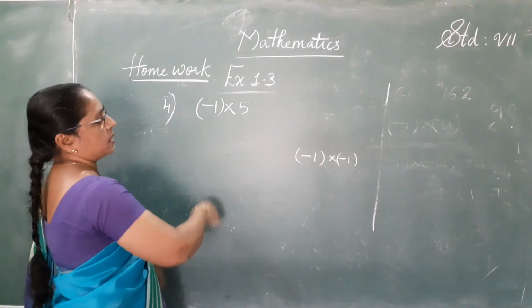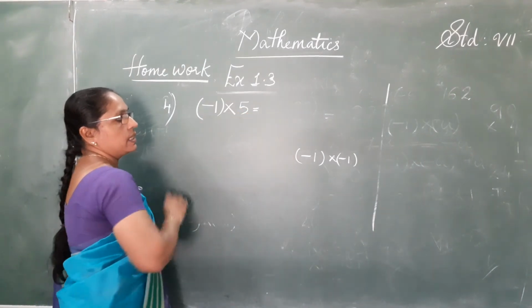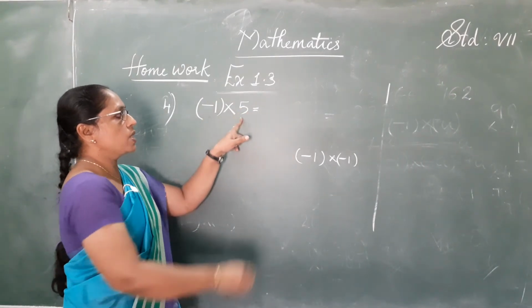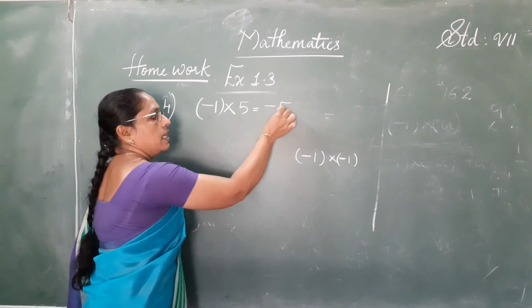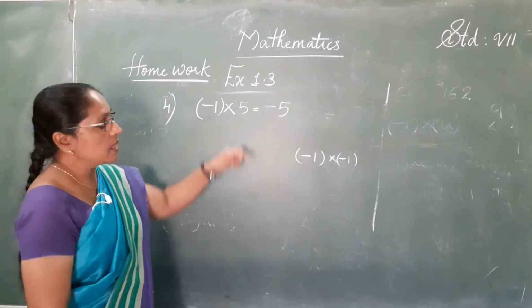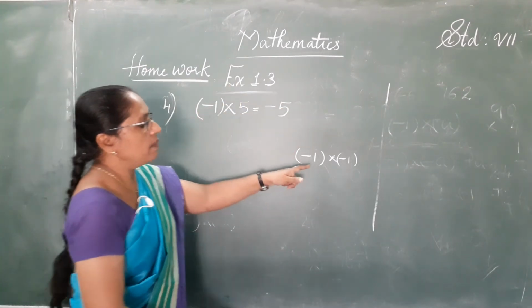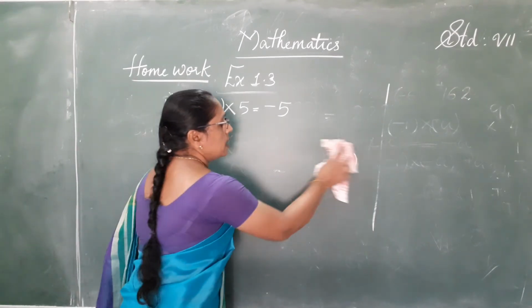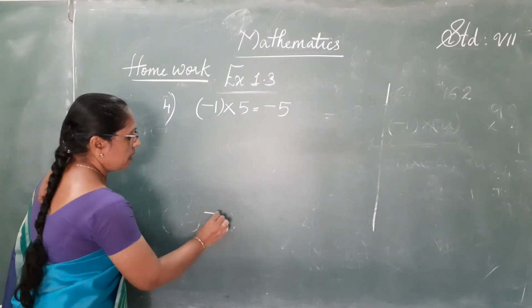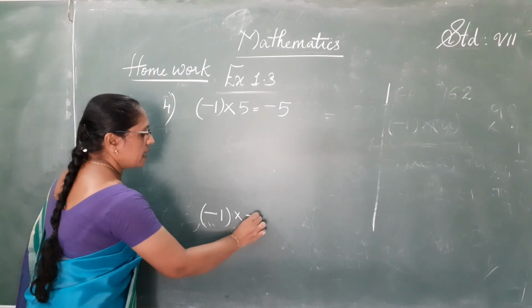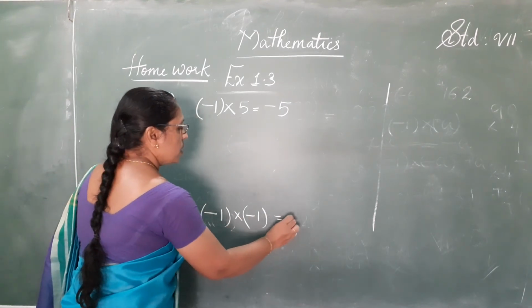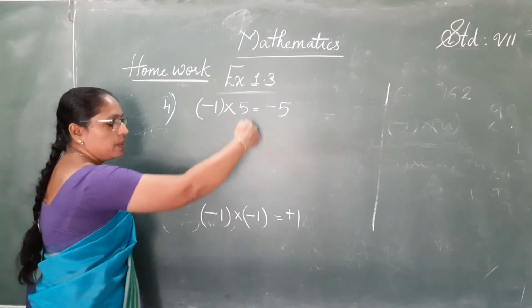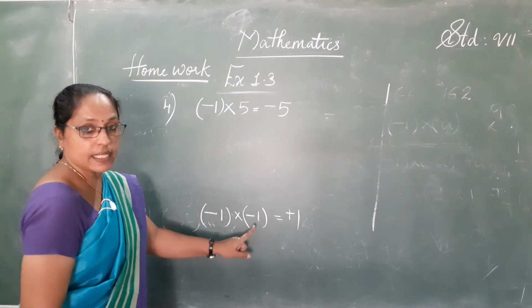So let's do the pattern. Negative 1 and positive 5, what is the answer? Negative 5. This has to be continued till we get this result: negative 1 into negative 1 is equal to positive 1. We have to continue this pattern up to negative 1.